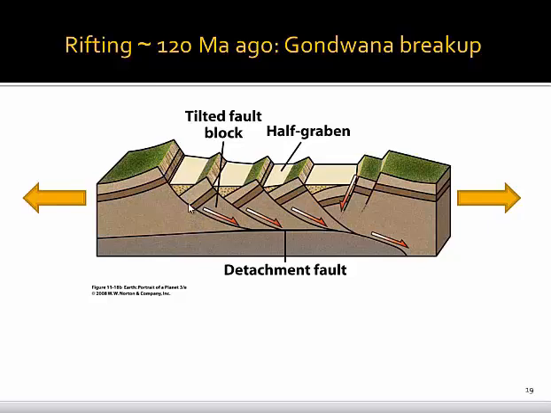So if you extend, if you form such fragments, such tilted blocks, because the tilting comes off because of the curvature of these listric faults, you will form space at the top, and into this space eroded material from the shoulders here, from these elevated parts.